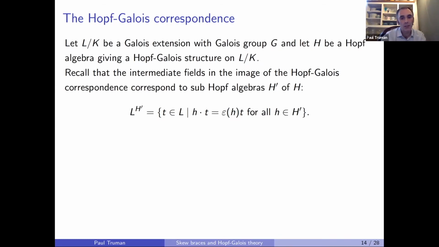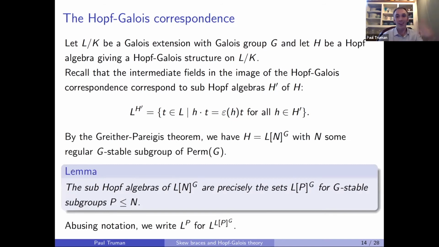And these things correspond to sub-Hopf algebras of H. So not all the intermediate fields are going to occur, but those that do will correspond to sub-Hopf algebras of H. And I just recalled the definition of the fixed field here.